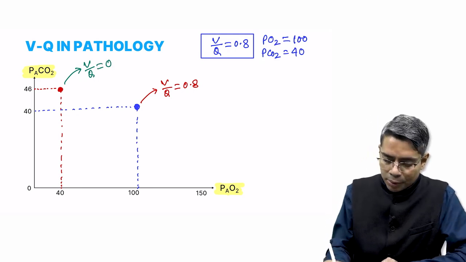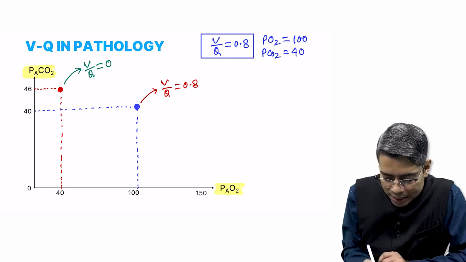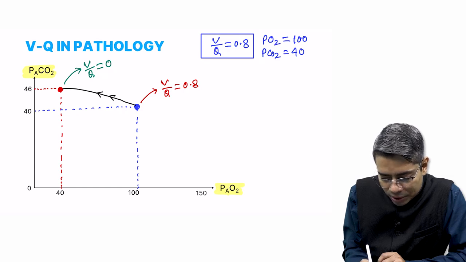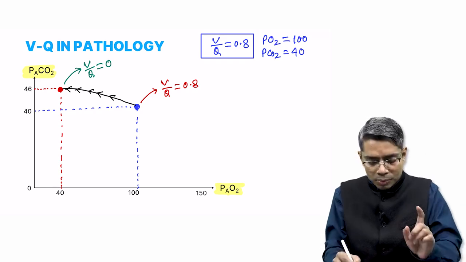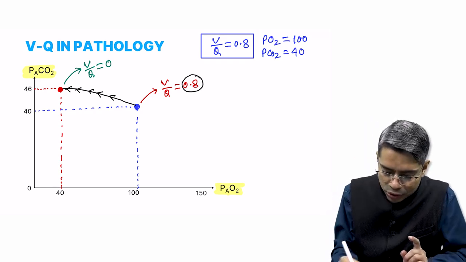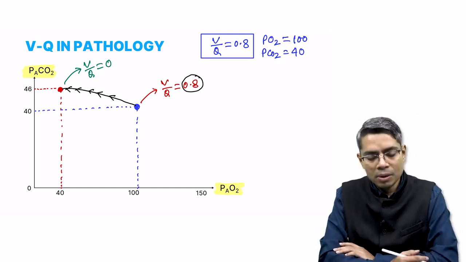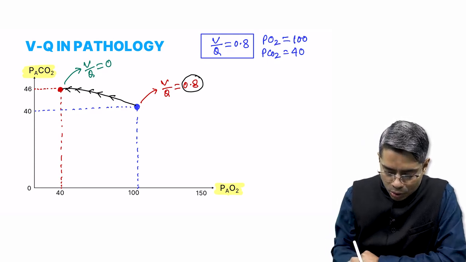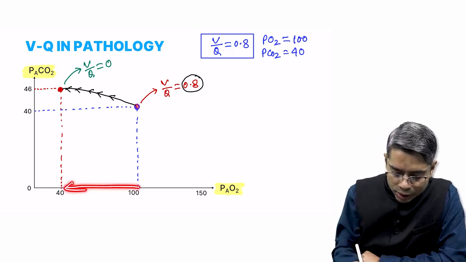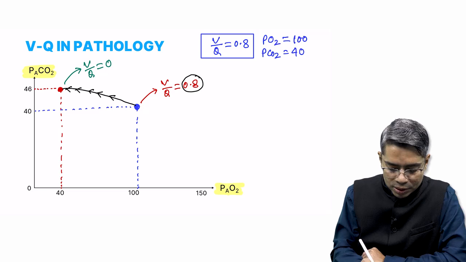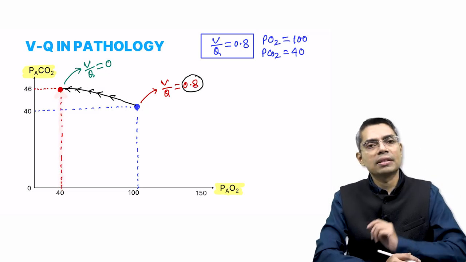That means from this 0.8, if you move towards this VQ ratio of 0, if the VQ ratio is decreasing more and more towards 0, what is happening? Your oxygen is decreasing, you are going in this direction, and your carbon dioxide is increasing.